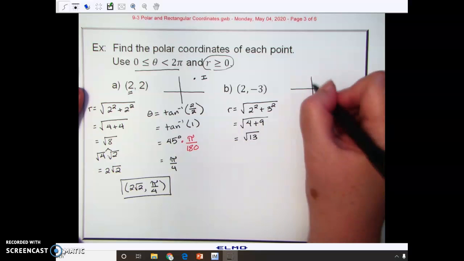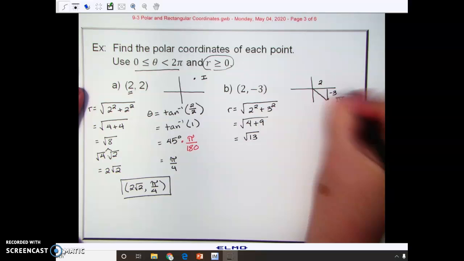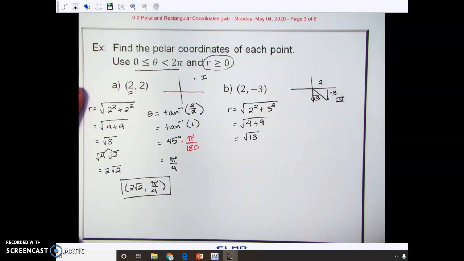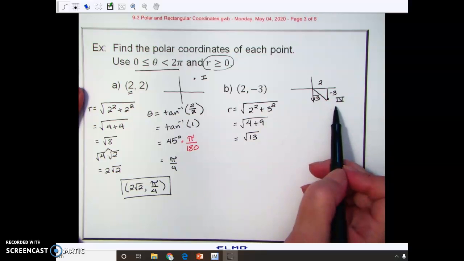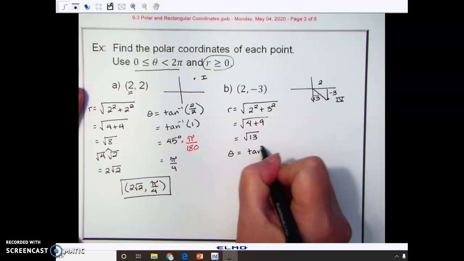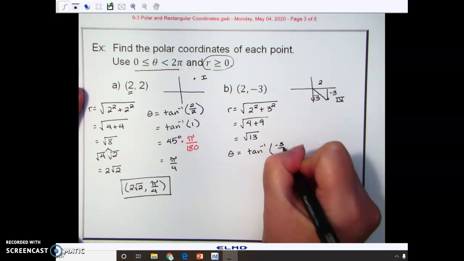So then when we talk about that, this is a triangle right here, 2 steps to the right and 3 steps down, and we now know R is the square root of 13, right? So quadrant 4 is somewhere where theta is defined. So we can just say theta is going to be the inverse tangent of the opposite over the adjacent, or y over x.